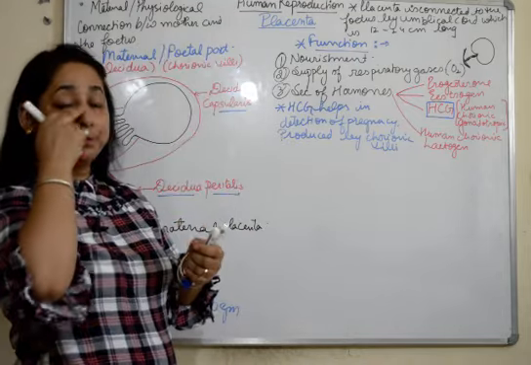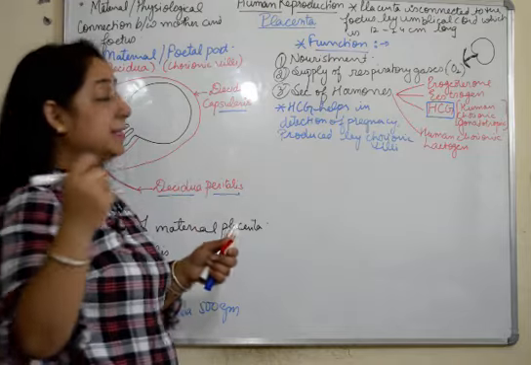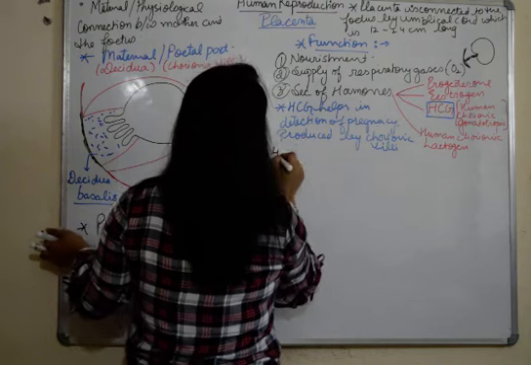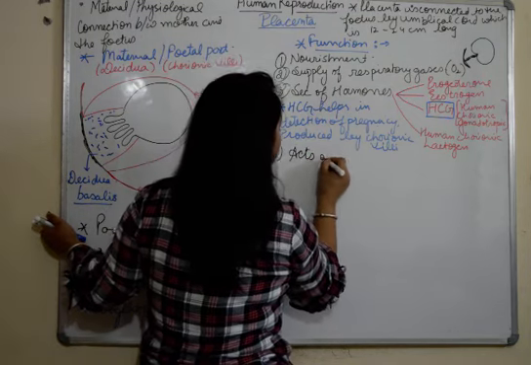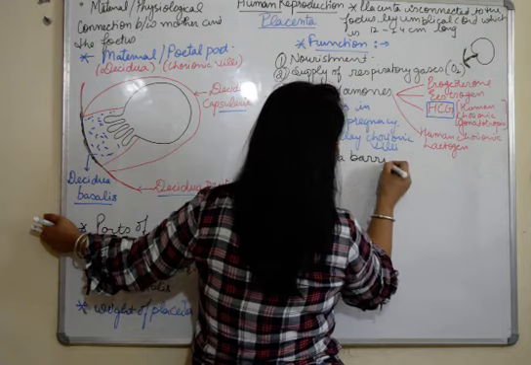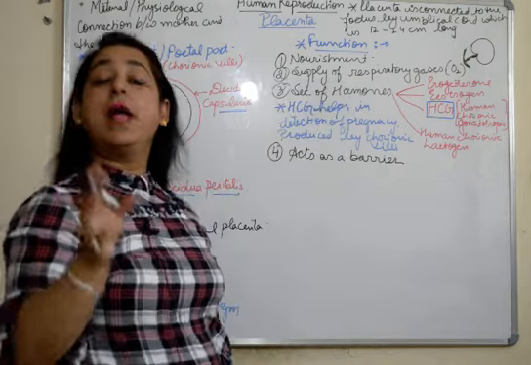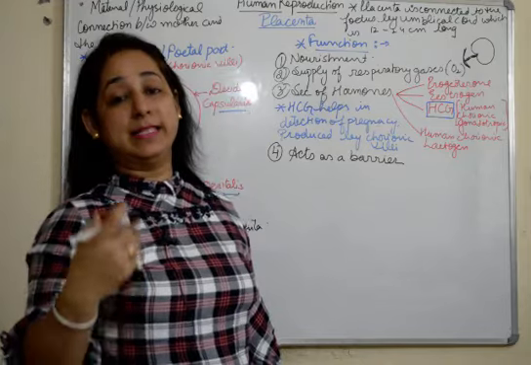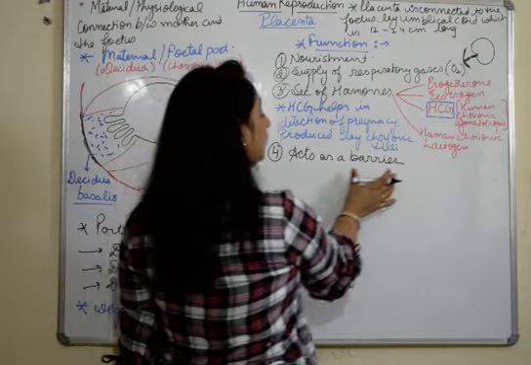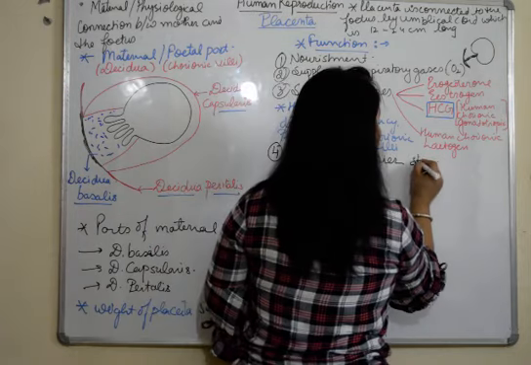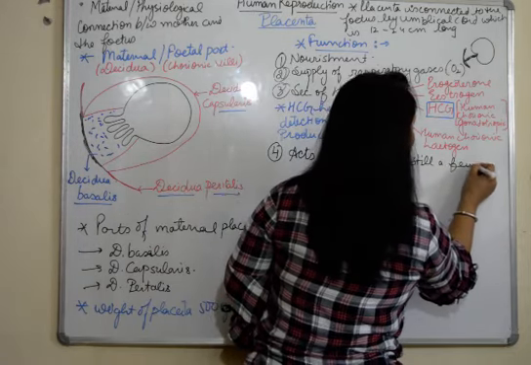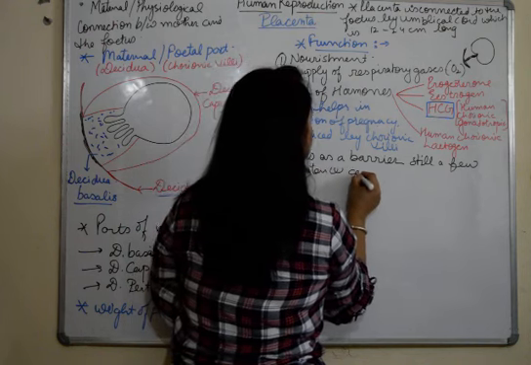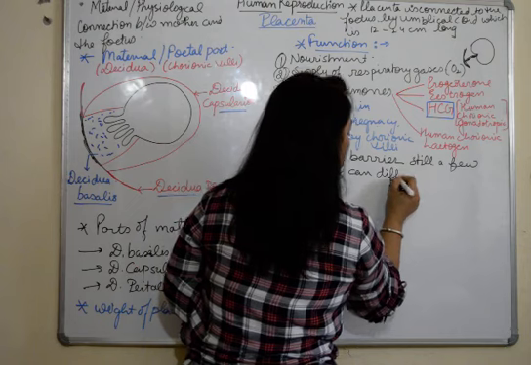It's a one marker question. Then, the next function we were talking about: it acts as a barrier. It allows only some substances to move in and out of the placenta, but in spite of it acting as a barrier, still a few substances can diffuse in.